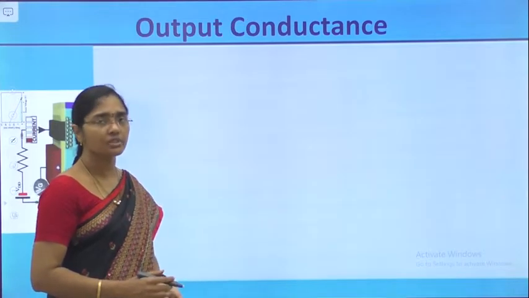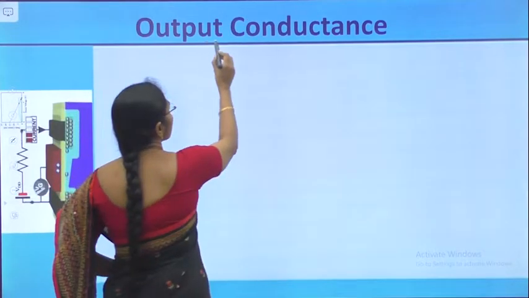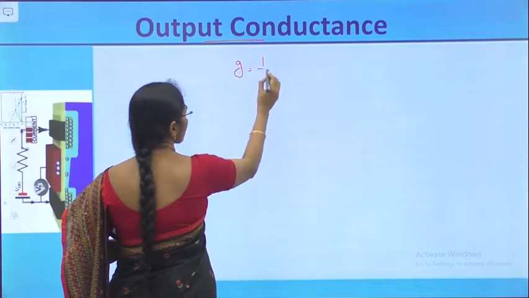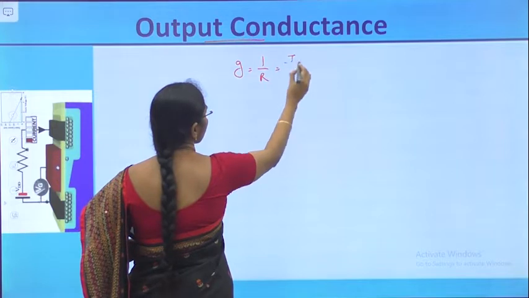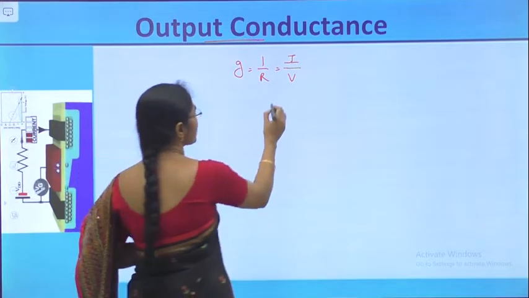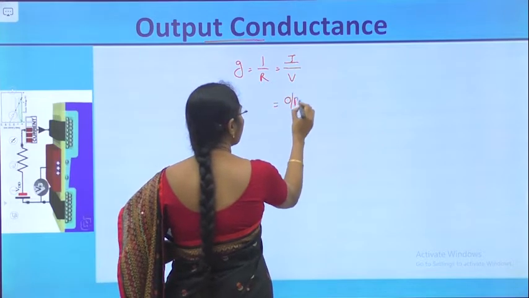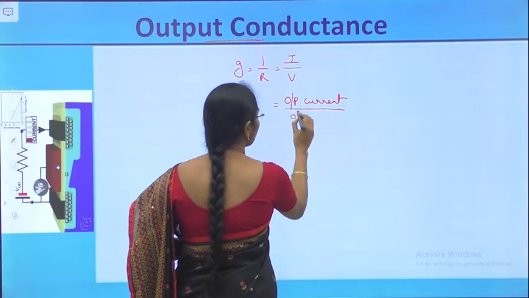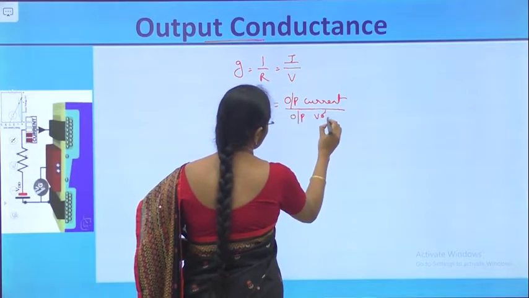Next, output conductance. Already we have seen the definition of conductance, that is 1 by R, that is equal to I by V. Here, output conductance is nothing but output current by output voltage.